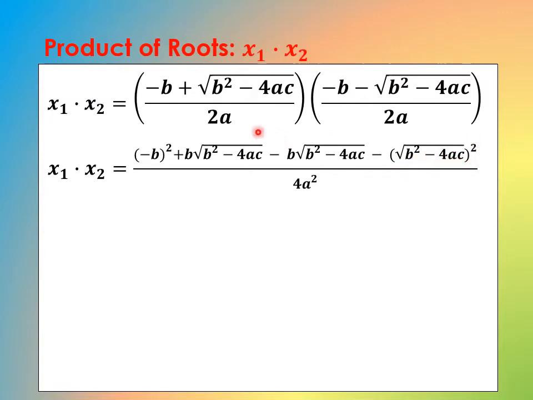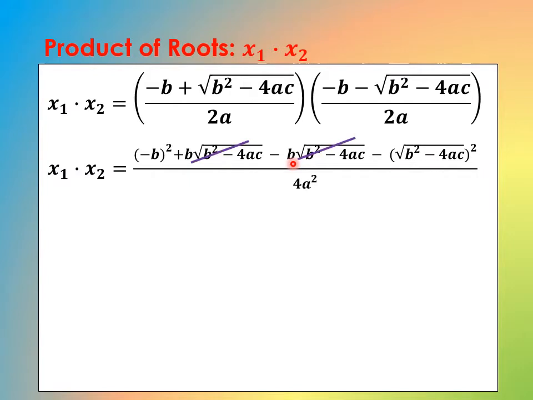And then, we can now multiply the denominators. So, 2a times 2a, that is equal to 4a squared. Okay? And then, combine like terms. So, b square root of b squared minus 4ac minus b square root of b squared minus 4ac, that is equal to 0.